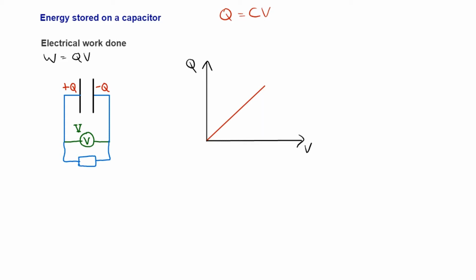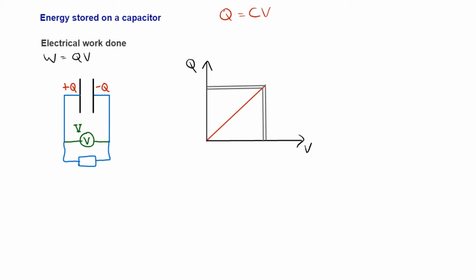Because initially, as soon as we connect that circuit and allow that energy to start being released, we can see that the very first little bit of charge is going to fly back around the circuit, and it's going to move through a potential difference of, if I just take that little chunk of charge there, about V, the maximum potential difference that our capacitor was charged to.